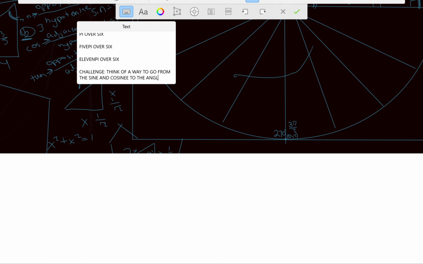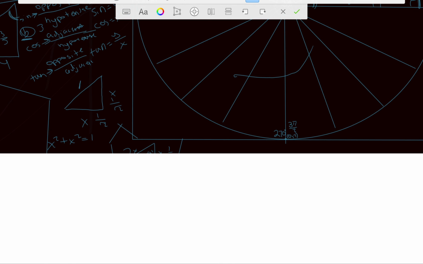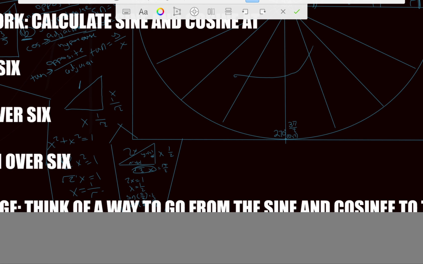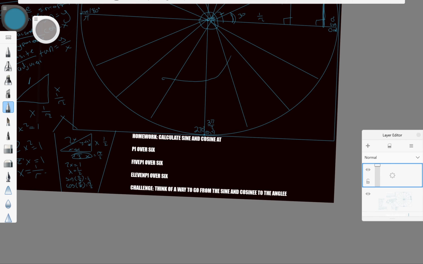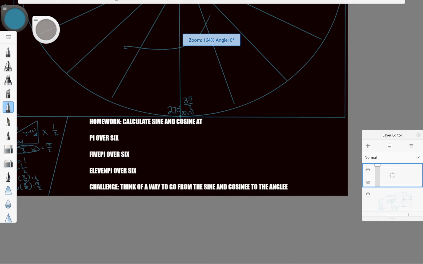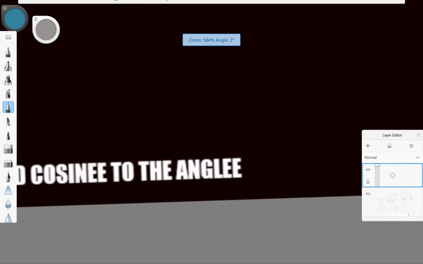What I mean by this is, if you're given the sine and cosine, try to find a way to get to the angle with special triangles. So 30, 60, 90, 45, 45, 90.